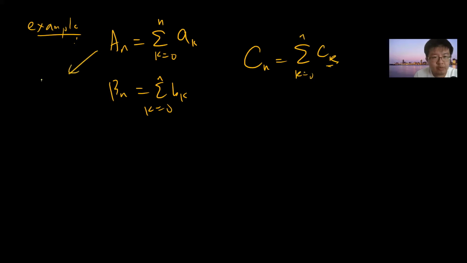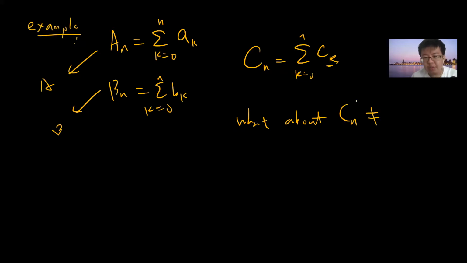Let's say An converges to A, Bn converges to B. What about Cn? The problem is that we don't have Cn becoming An times Bn. So it's not obvious that if I tell you Cn will converge to A times B, it is not clear.